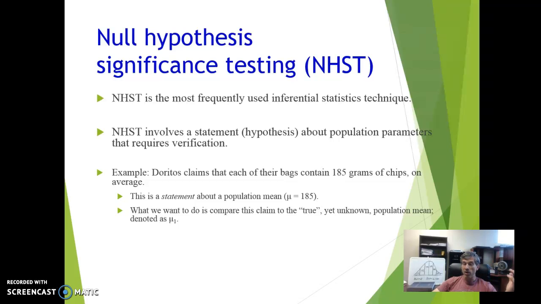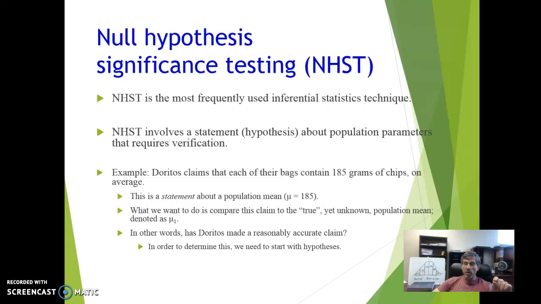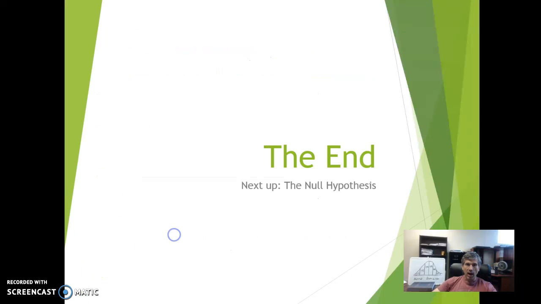We're going to gather information using a sample, because we can't measure every single Doritos bag, that's going to represent mu1, and we're going to compare it to what they say the population mean is, 185. So what we're trying to test, and again what we're going to learn how to test, is has Doritos made a reasonably accurate claim, and how do we know? To determine it, we're going to need to start by developing hypotheses about those population parameters, and that's what we're going to do next time. I will see you there.